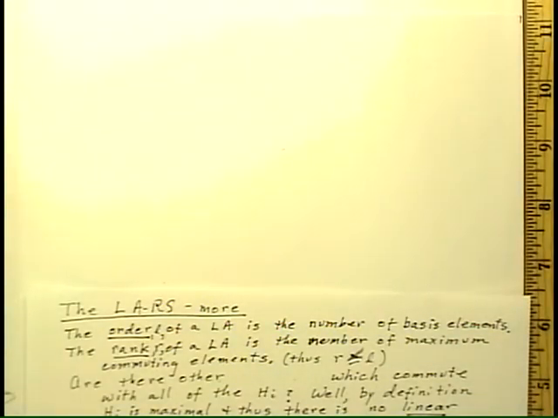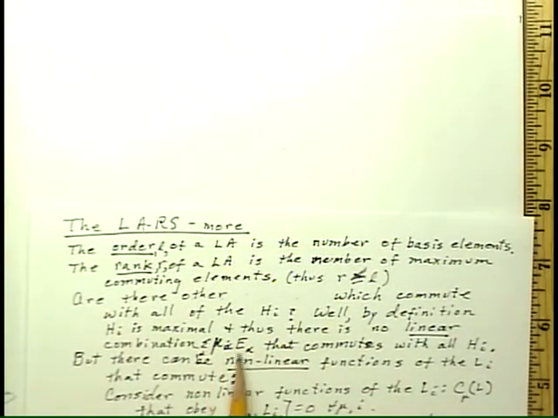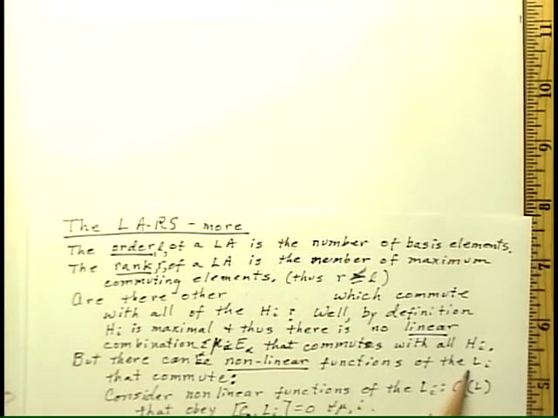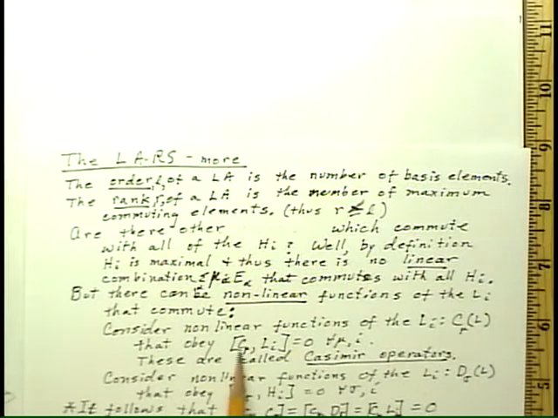Well, are there other operators which commute with all of the H's? Well, by definition, the H's are maximal, so there can't ever be another linear combination. That is, there's no way that we can take a linear combination of the E's that commutes with all of the H's. But we could have nonlinear functions of the L's that commute, and we could consider these nonlinear functions that obey this equation right here, so that these functions of L with L's all are zero.